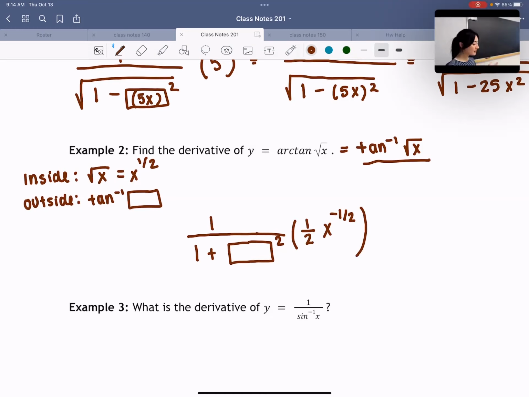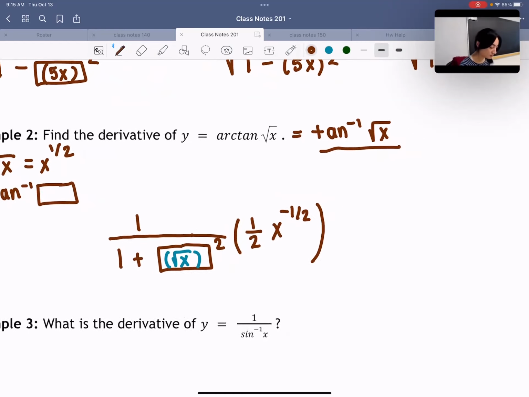Now I can fill in my box with the inside. Should I use the square root of x or x to the 1/2 on the inside of the box? Which one is more comfortable for you guys? I like using the square root of x. It doesn't really matter, but it makes me more comfortable to use this notation instead. Okay, but you can do whatever you like.